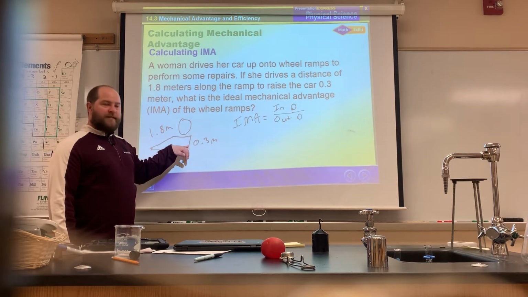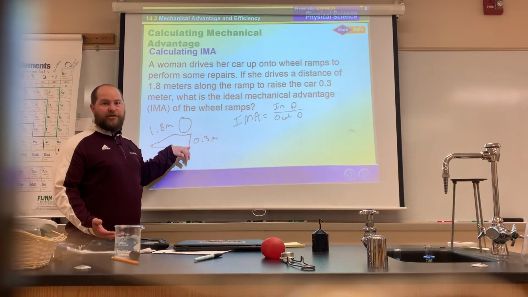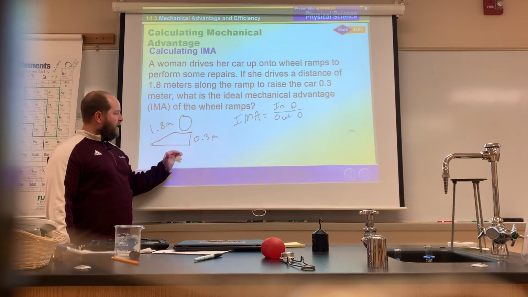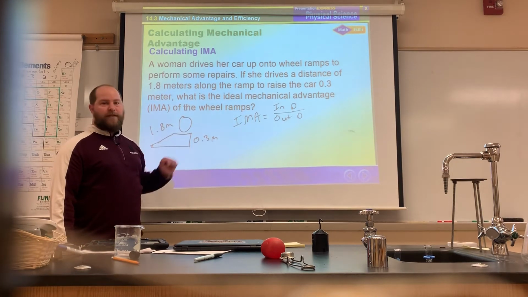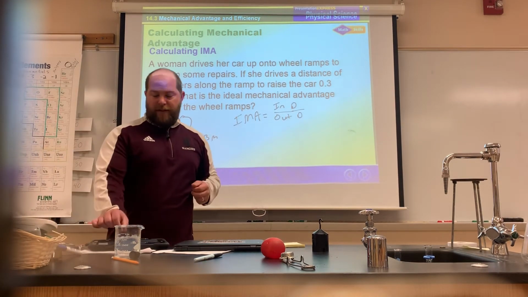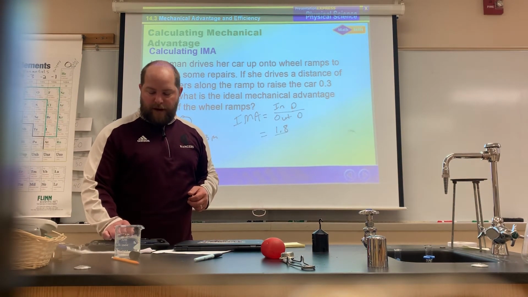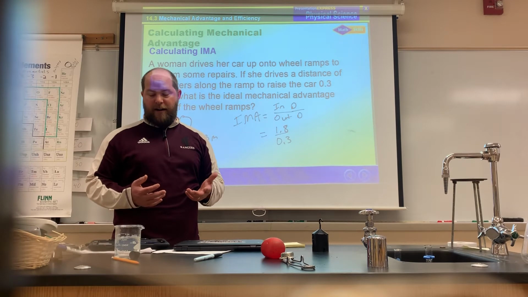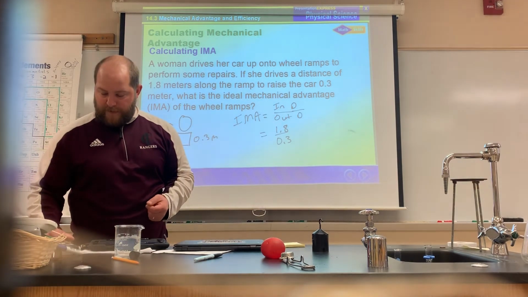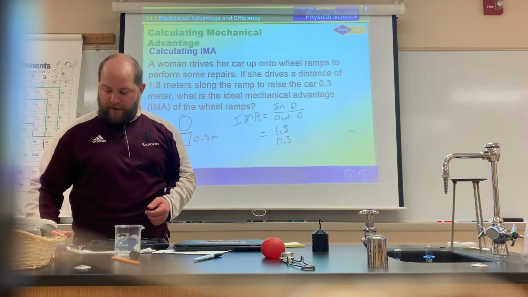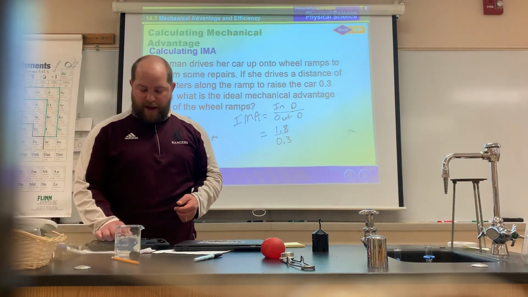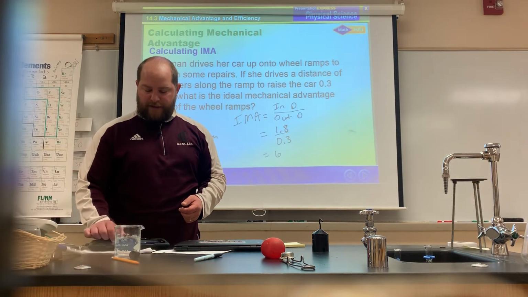What's the output distance? That's what you're getting out of the machine. In this case, it's raising the car 0.3 of a meter. So we get 1.8 divided by 0.3, and the IMA would be 6.